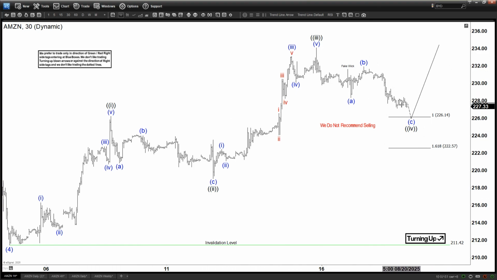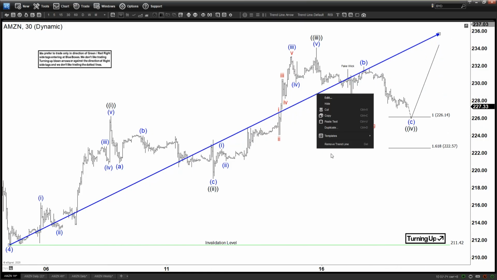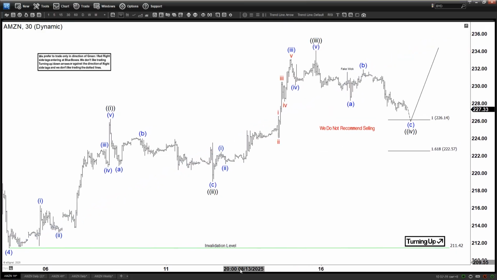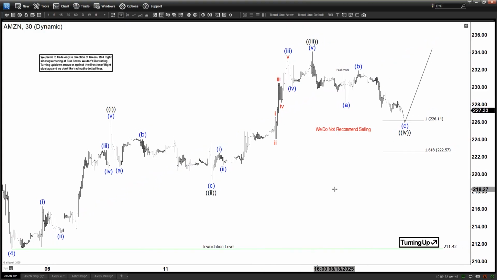So does it mean it's really very bullish? Should you be very, very bullish? And the answer is no. Because even if it does extend higher, guys, remember, we just need one more leg. And then we're going to be ending our cycle at least, and you're going to get a big pullback anyway. So in a way, it's in that time zone where I believe it is quite risky for you to keep chasing it to the upside.